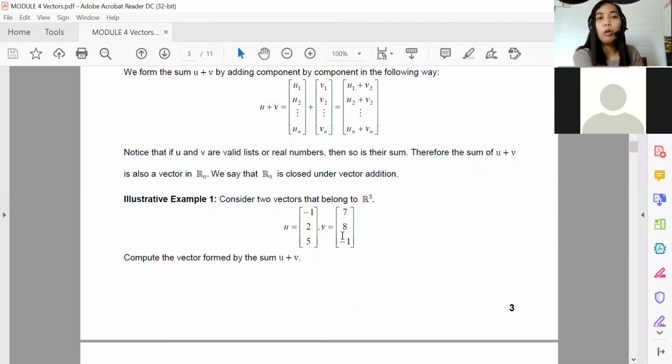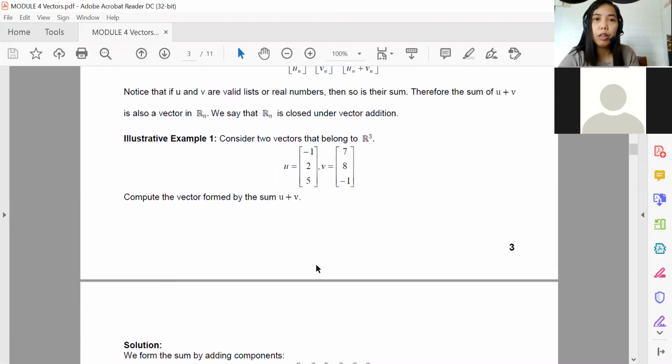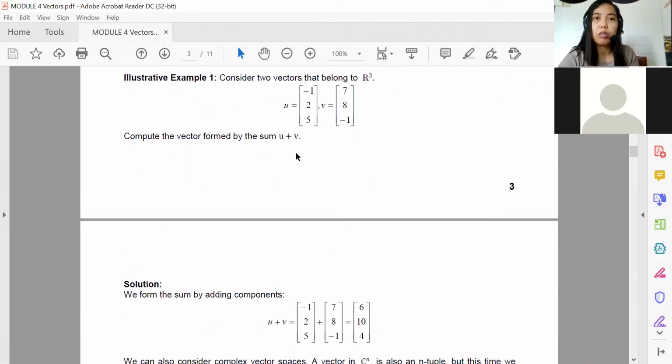Given vector u and vector b, compute the vector formed by the sum u plus b. When we add two vectors, make sure they have the same dimension. If they do, we can perform operations. We can find their sum and even the difference. So here, let's find the sum u plus b.